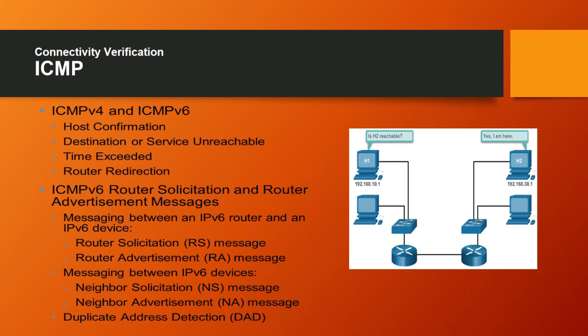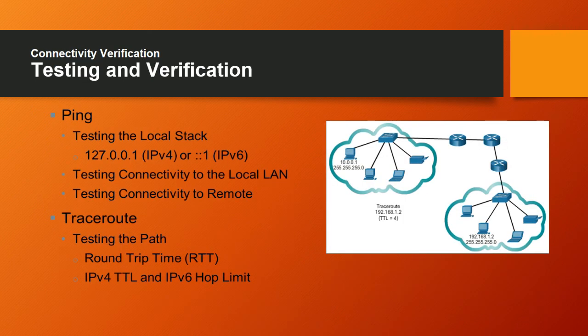Let's go on to testing and verification. We have ping and traceroute. Ping has testing the local stack, 127.0.0.1 for IPv4, or ::1 for IPv6, testing connectivity to the local LAN, and testing connectivity to remote.